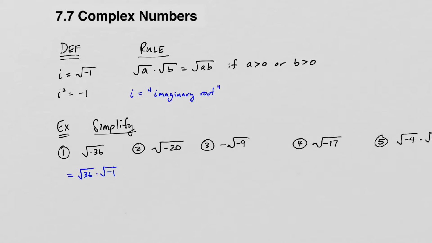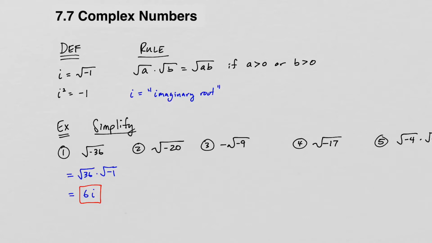And again, this is using the rule here. We know that -36 is 36 times -1, and the rule says that we can break this apart as long as one of these two numbers is a positive number, which we have satisfied. Now we can simplify this further because we know the square root of 36 is 6, and we know the square root of -1 is i.